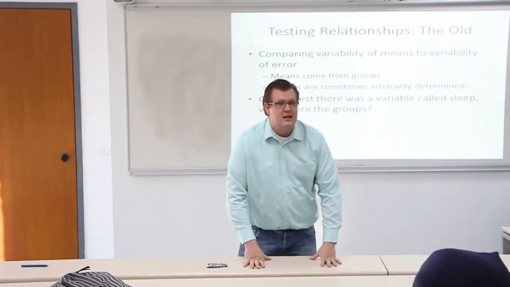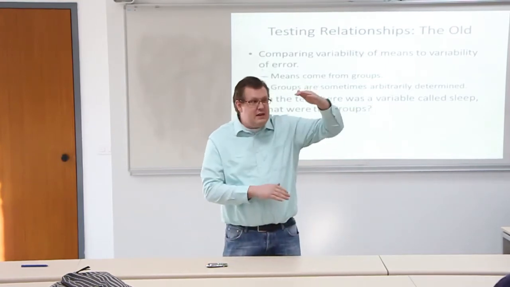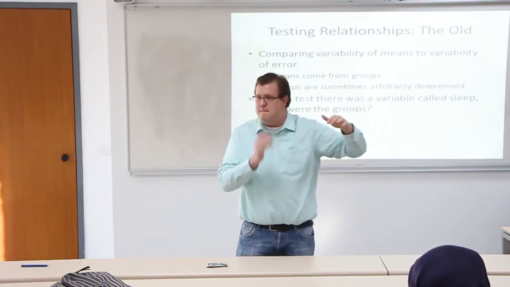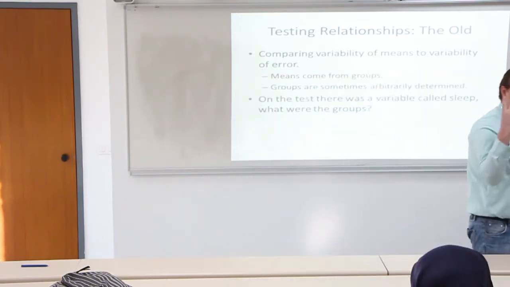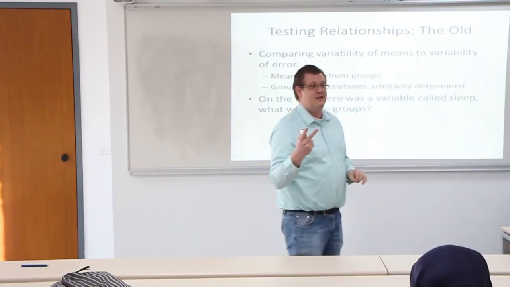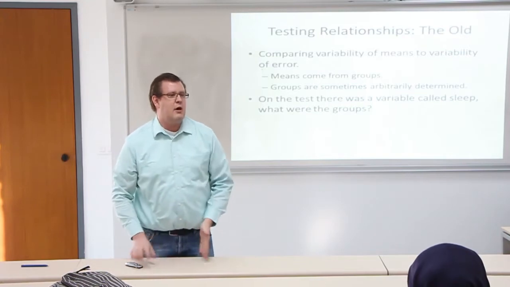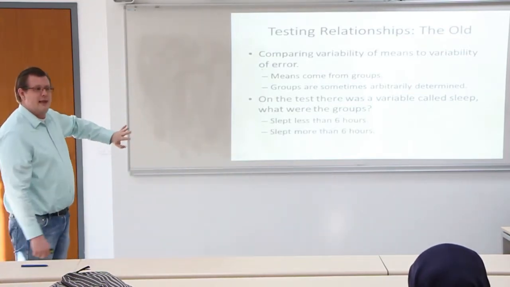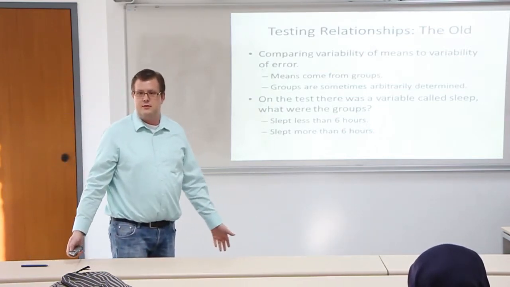On the test, if you did str data, you could see what was in the data frame, and there were things like incentive and breakfast, and one of those things was sleep. There were two levels of sleep. It had to do with the 6-hour cutoff. So the groups were people that slept less than 6 hours and people that slept more than 6 hours.